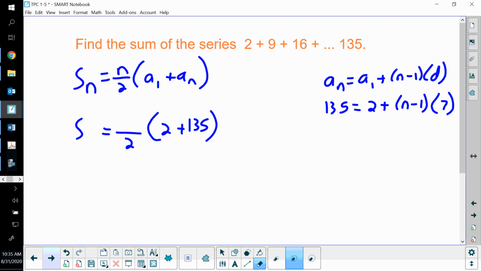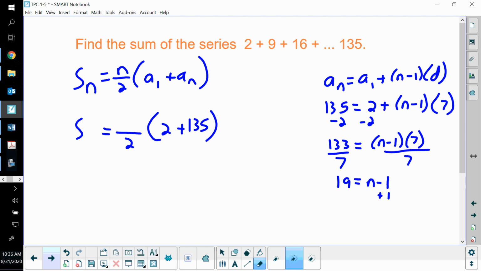We could distribute the 7, or we could not distribute it. I'm going to choose to not distribute it. So we get 133 equals n minus 1 times 7, because then what you could do is divide both sides by 7. And that would end up giving us 19. When we add your 1 over, we get that n is equal to 20.